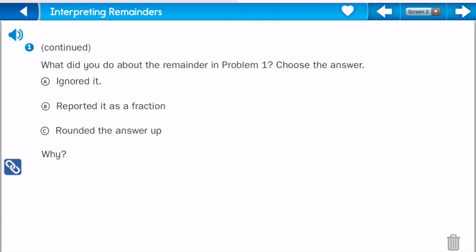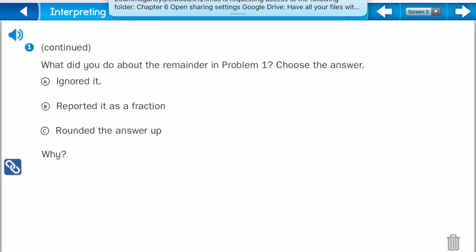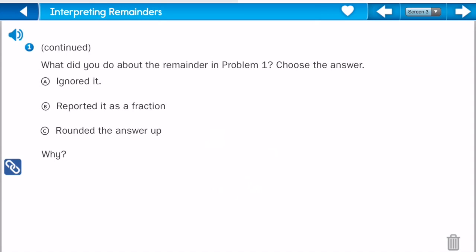Okay. So what did you do about the remainder? What do we do with it? Did we ignore it, report it as a fraction, or do we round up?